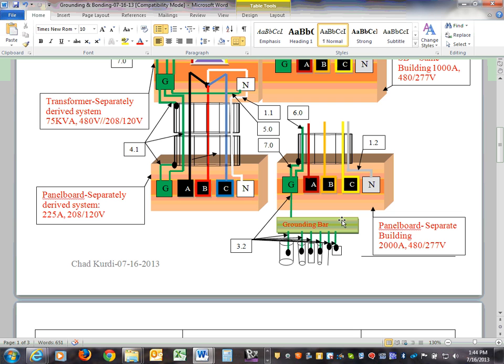Then the code says the water is not a reliable grounding electrode, so you have to supplement it with a rod. If there's no metallic water coming to the building, you have to drive one ground rod. Because there's no reliable water, you drive another ground rod at least, I believe, 6 feet away, and you tie them together, with the two rods supplementing each other.